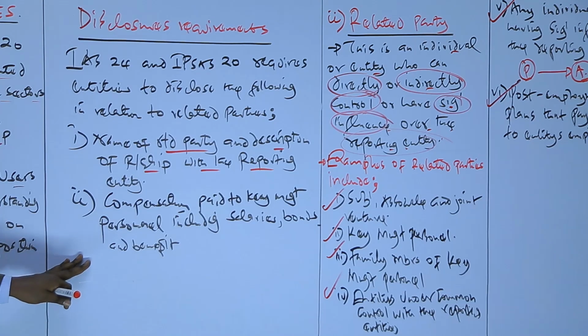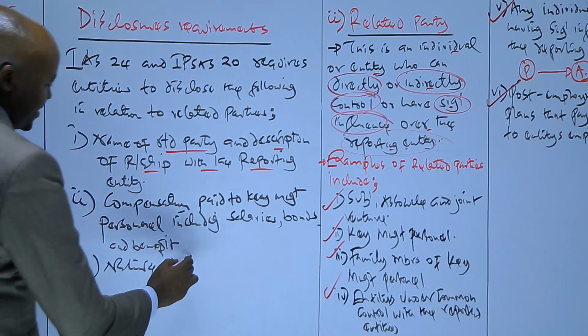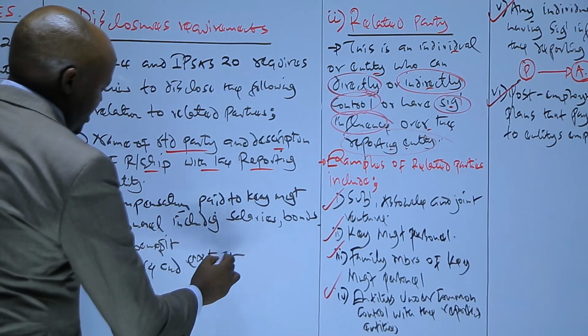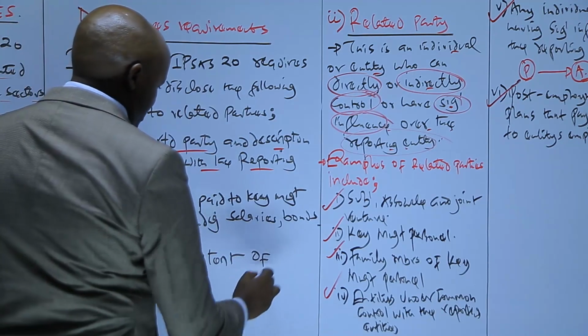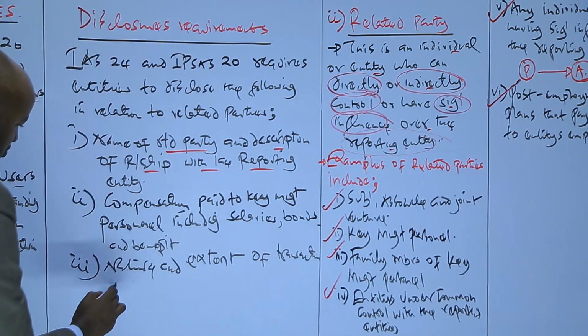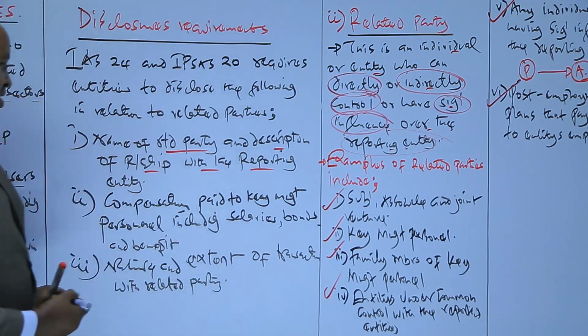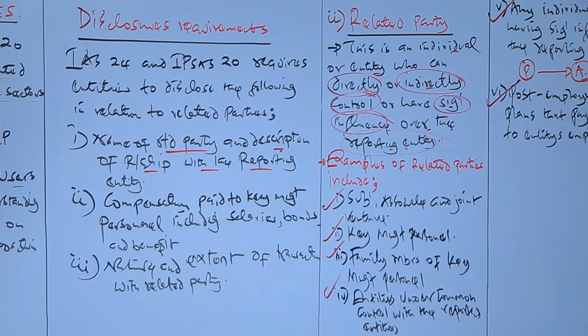The other information which needs to be disclosed is the nature and extent of the transaction with the related parties. Number 3: nature and extent of transactions with a related party. Basically, which transactions happened between the reporting entity and a related party?